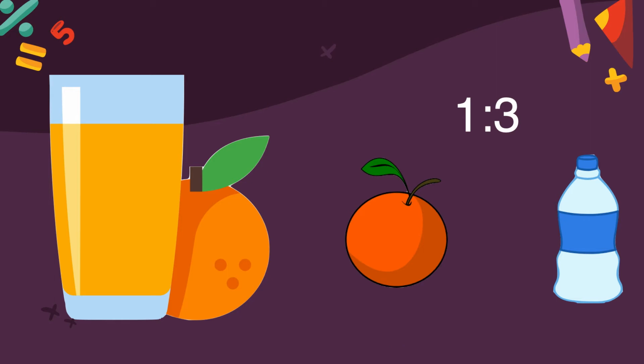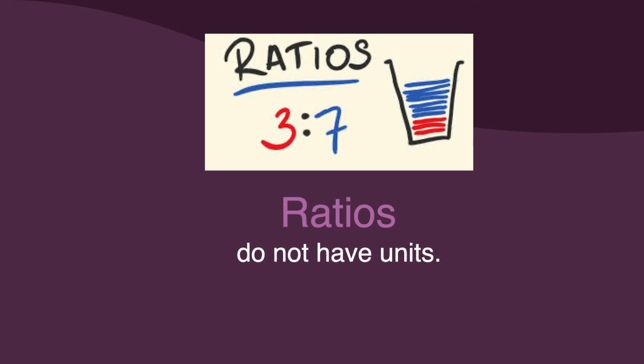However, if we were to mix 3 parts concentrate and 1 part water, our drink or beverage would not taste very nice. It might even be too tart, or as some people may say, too sour. That's why it's so important for us to follow the order of the ratios.